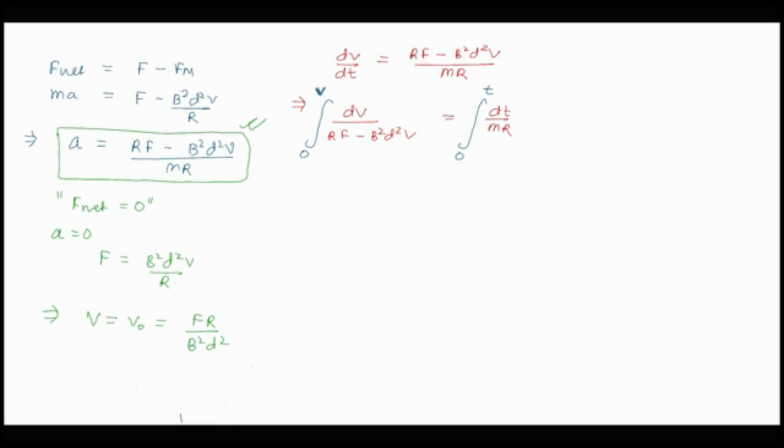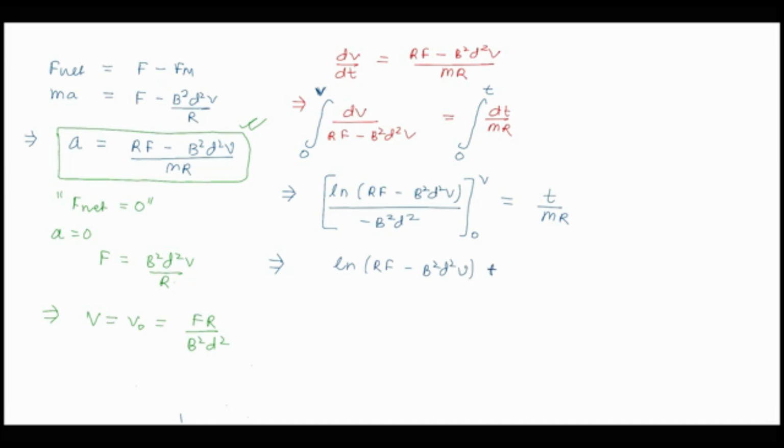So if we integrate this, we will obtain ln of (RF minus B²D²V) upon minus B²D², where the lower and upper limits are 0 and v, which is equal to t upon mR. If we substitute the limits, we obtain ln of (RF minus B²D²V) minus ln of RF, over minus B²D², is equal to t upon mR.